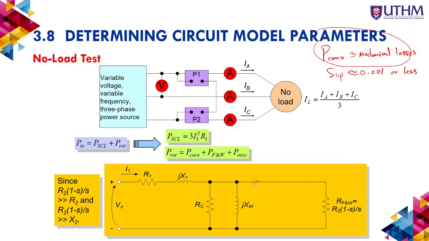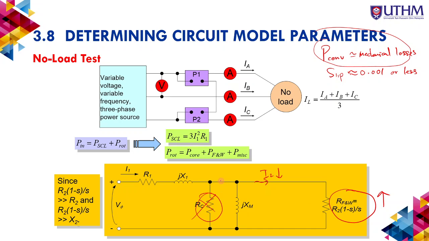The current flow here, I2, is very small because the resistance is very high. And also this one we can neglect, because the power measured is contributed from this one.